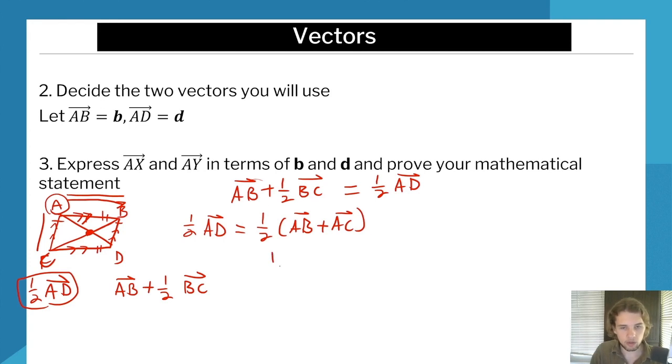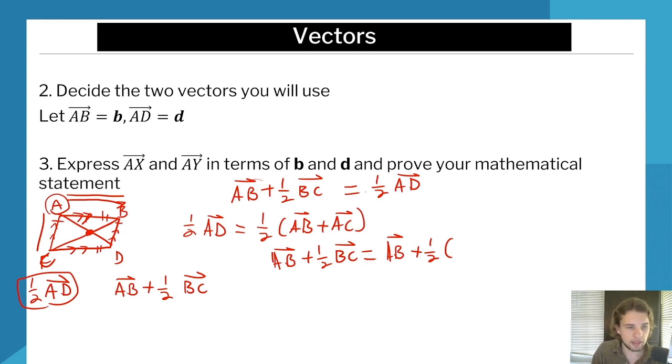Now we can say A to B plus 1/2 B to C is equal to A to B. We're happy with that because that's already the length of a side, and we're just trying to get everything in terms of the sides. Plus 1/2.